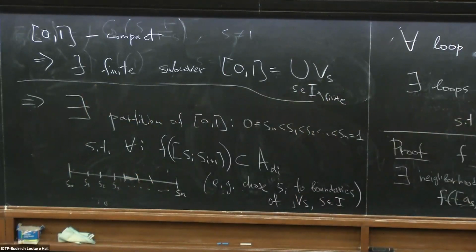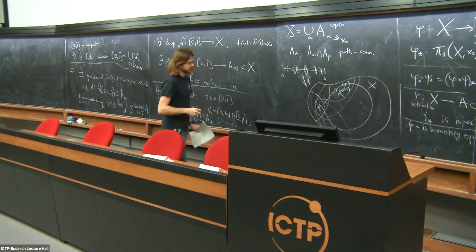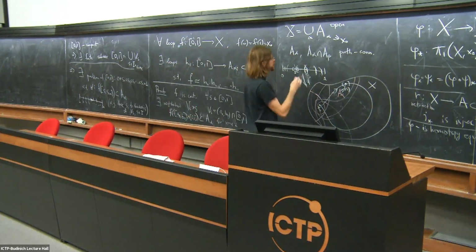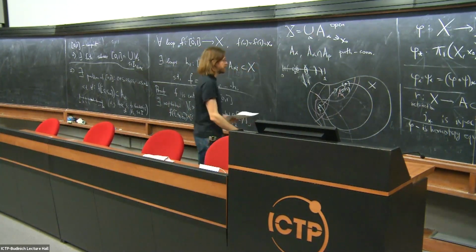If you had a finite cover by open intervals, so that the closure of each of them satisfies this property. And of course, if you just take a subdivision of our interval with endpoints coinciding with these boundaries, each of these smaller intervals will automatically also satisfy this property. And the property means the image is entirely in one of these A alphas here.